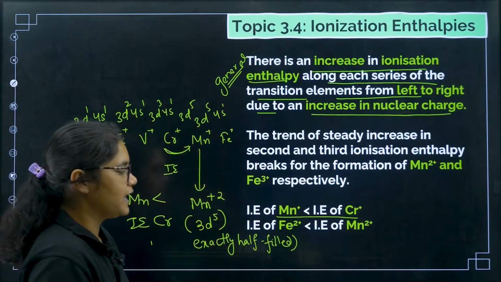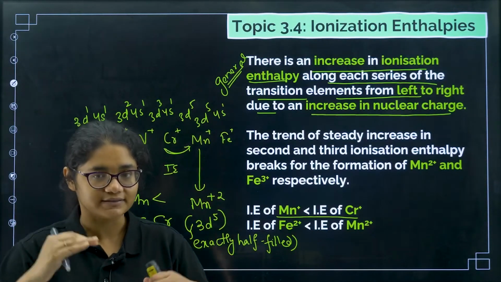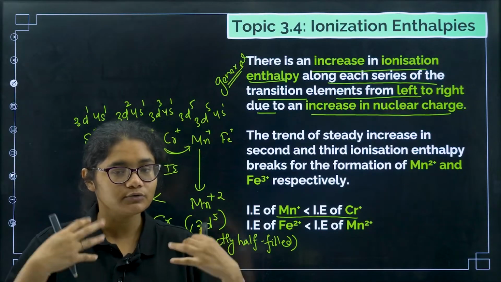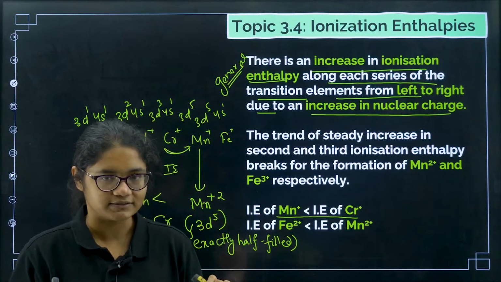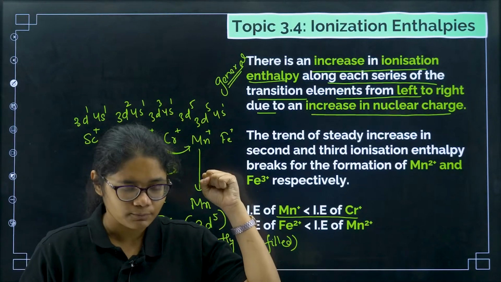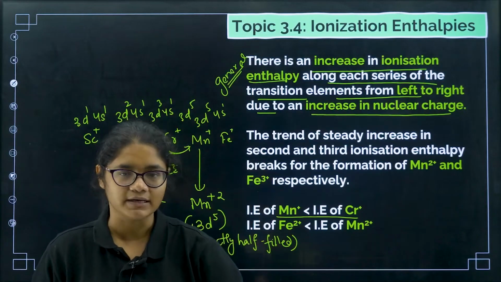Why? Because when Mn+ goes to Mn2+, there is a d5 configuration and the stability increases. So manganese will easily lose one electron to get into Mn2+. We do not have to put much energy in, it is a very easy process. That is why the ionization enthalpy of manganese goes down.